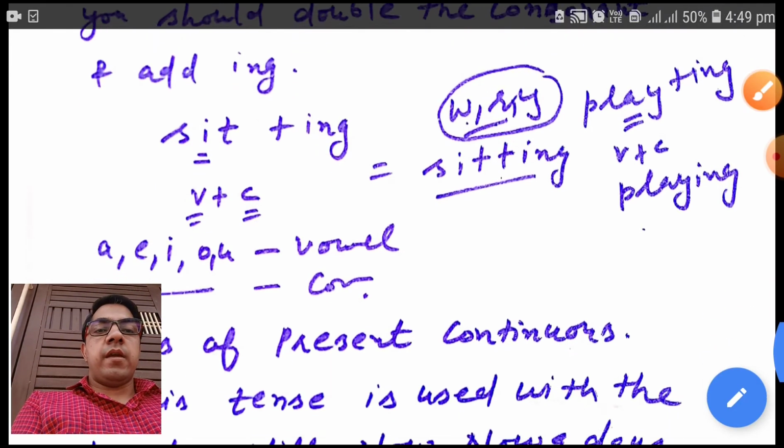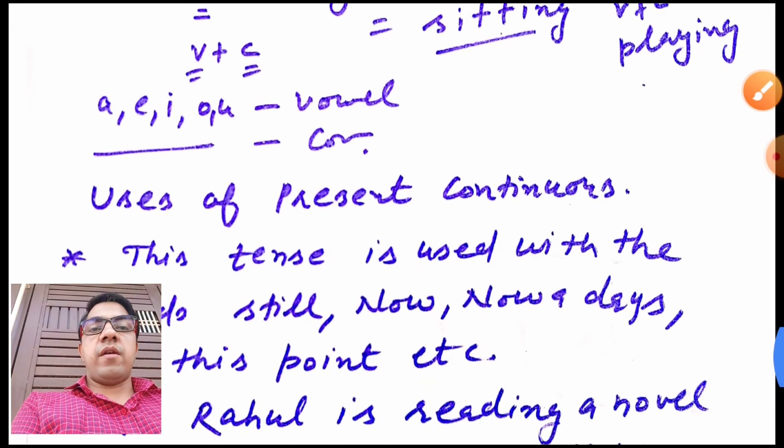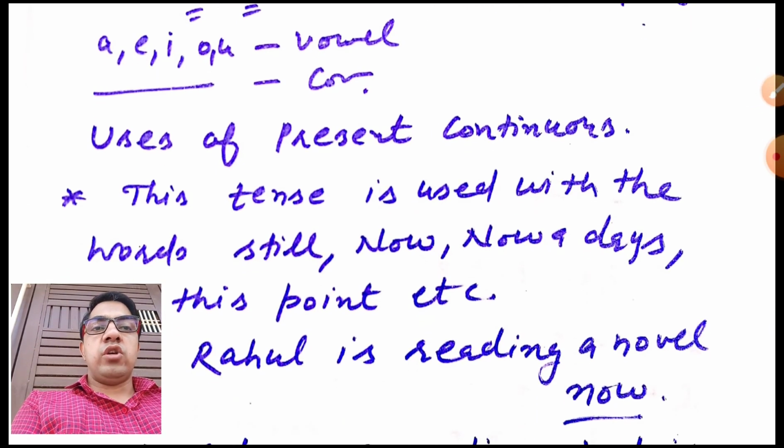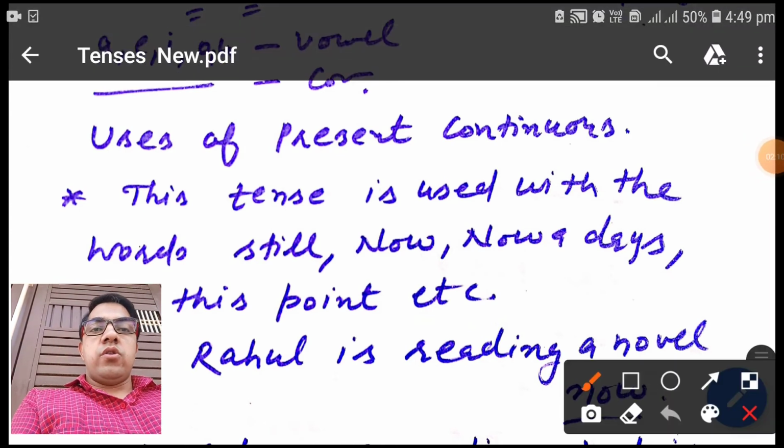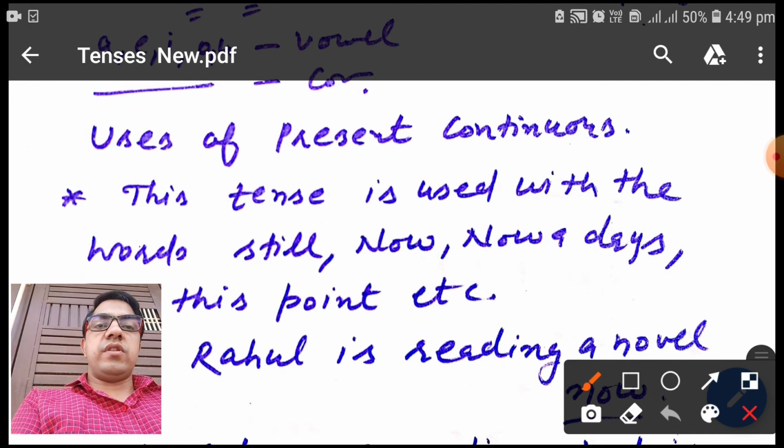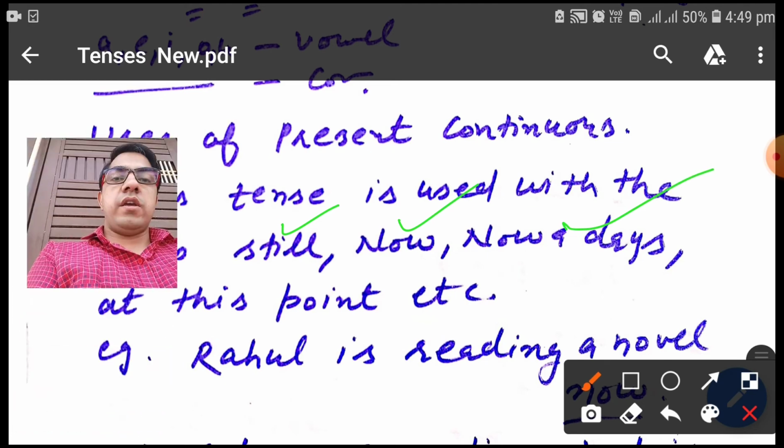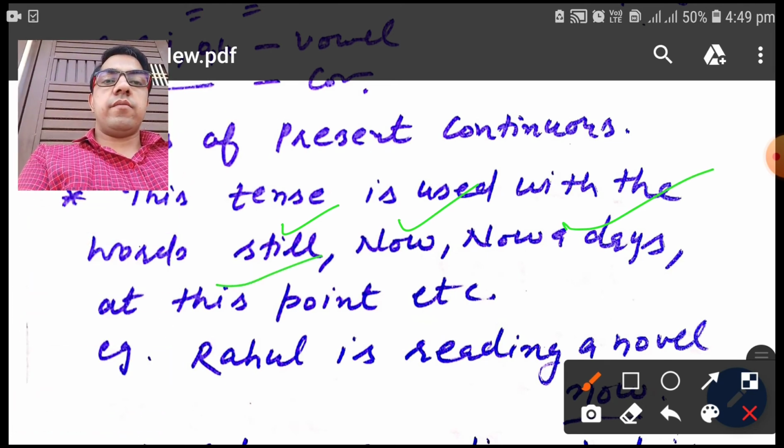Now in today's video I am going to tell you about usage of present continuous. This tense is used with the words still, now, nowadays, at this point.